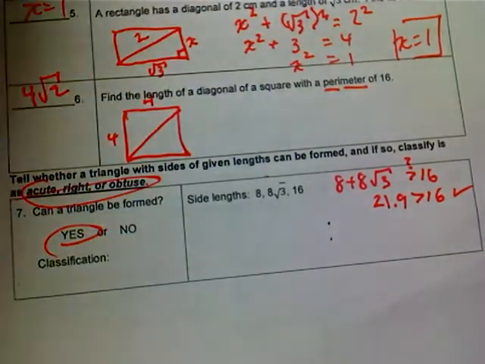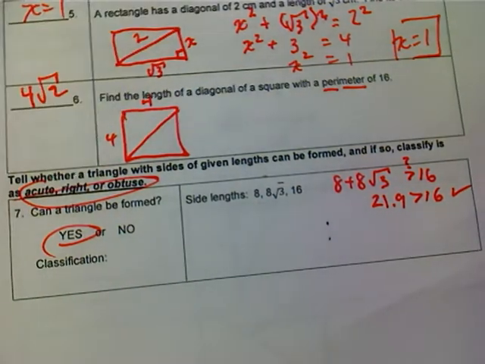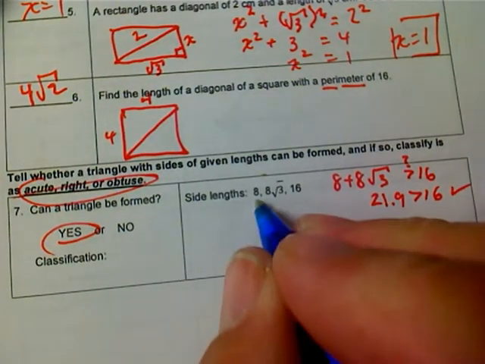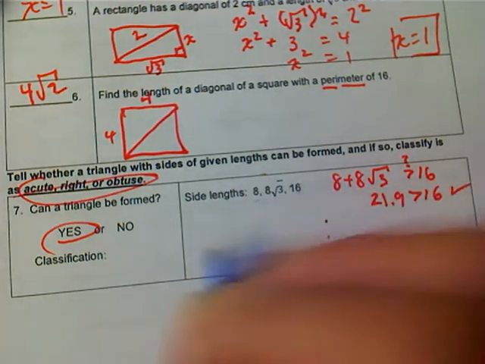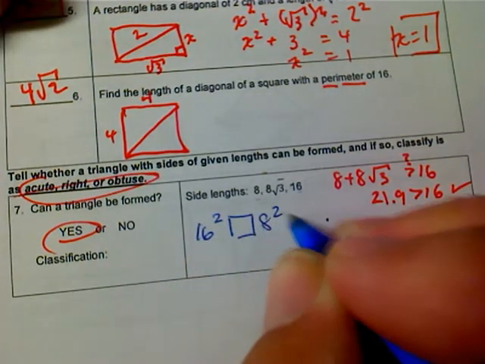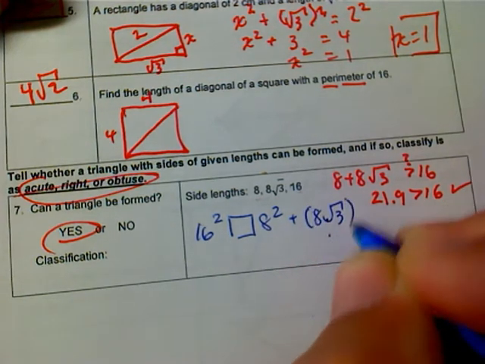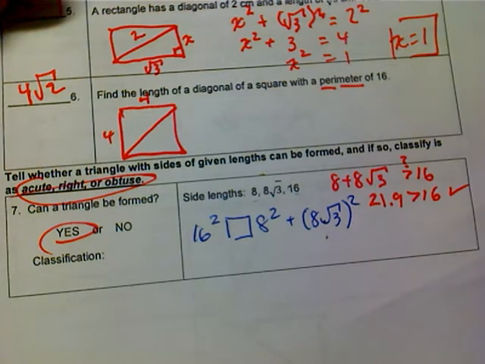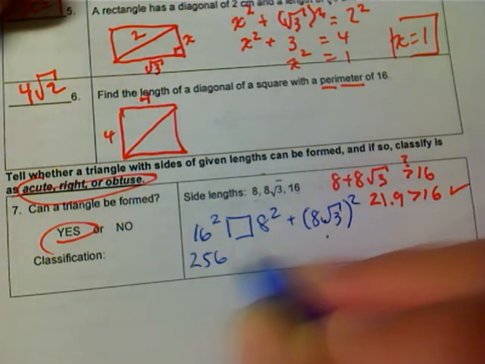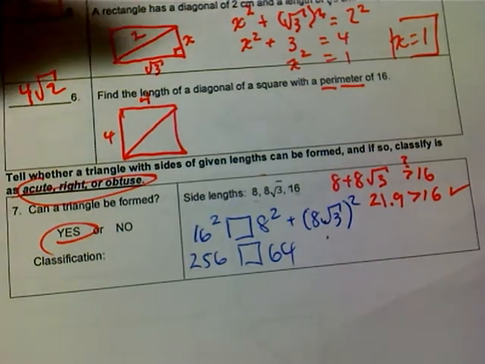Since it's a triangle, I can now talk about what type of triangle it is. And so I'm going to take 16 squared, the big side squared, and I want to compare it to 8 squared plus 8 root 3 squared. So this is 256. This is 64, and you say, Coach, I don't know 8 root 3 squared.